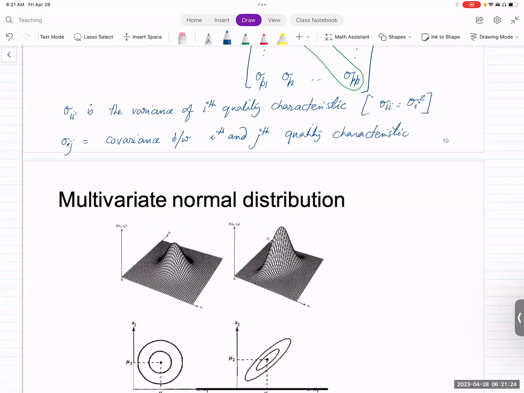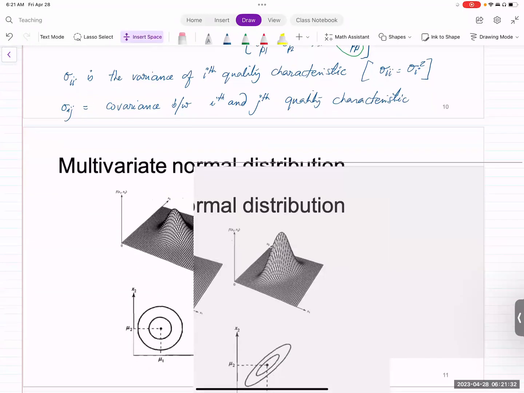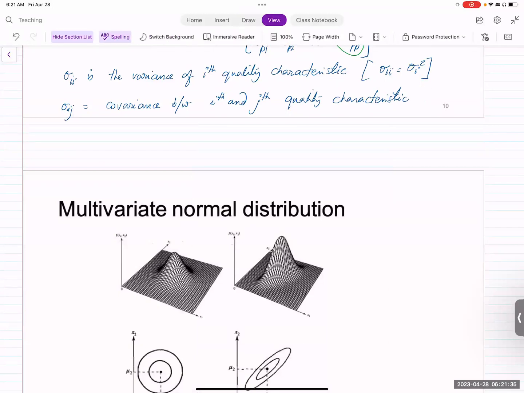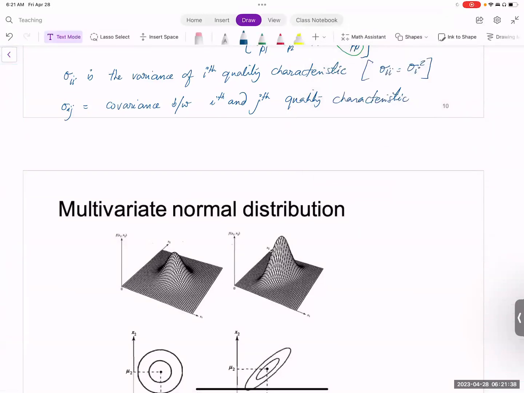We don't have to worry about computing them because for most of this course, I will provide you these covariance matrices. All you have to do is use them. But let me quickly give you the formula as well, so you have it handy. It's the expected value of xi minus mu i times xj minus mu j.